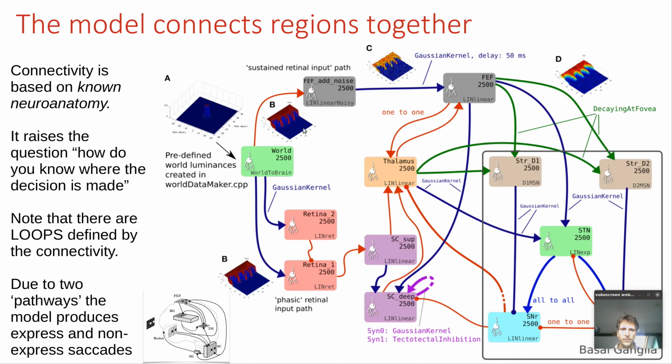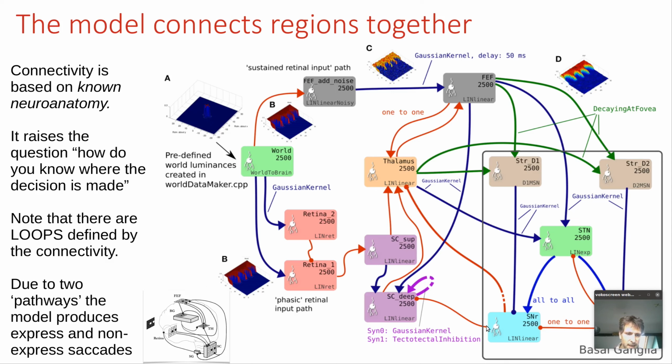So this is the box and arrow diagram of the brain model. And it's the same connectivity as the diagram I showed you earlier. Again, it's known anatomy, so we've got lots and lots of connections here. The connections with the little circle are inhibitory connections.